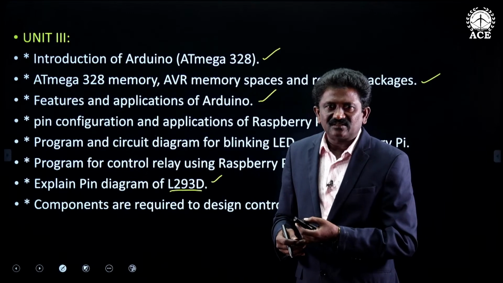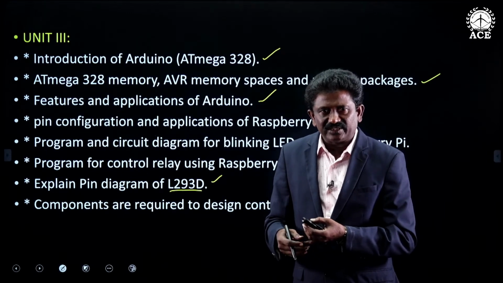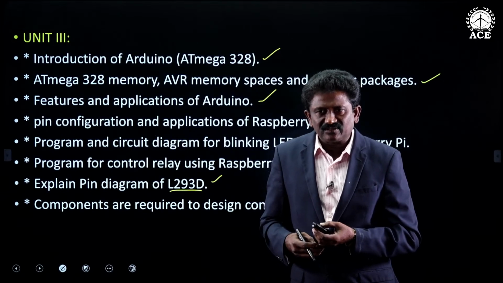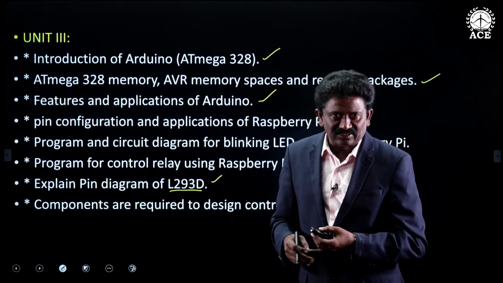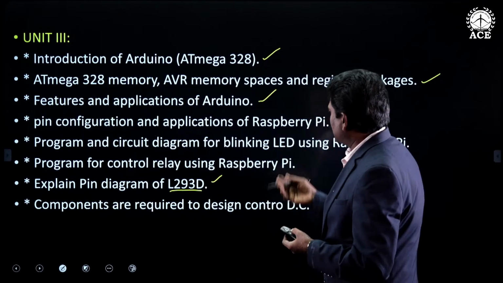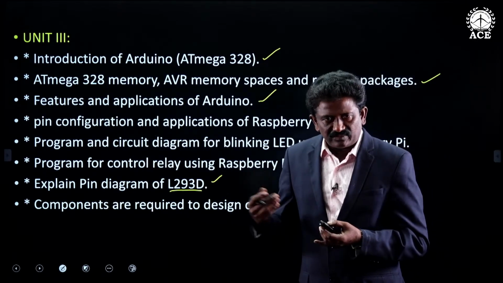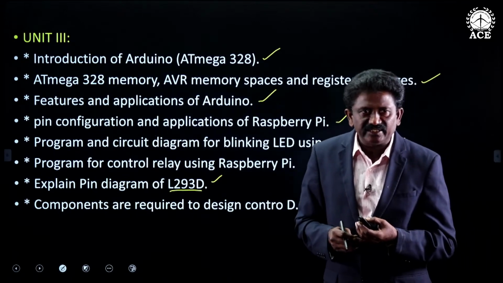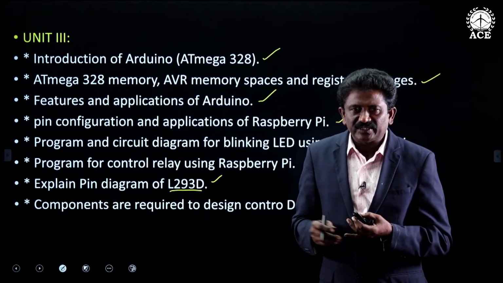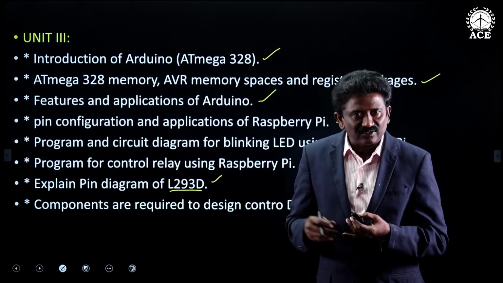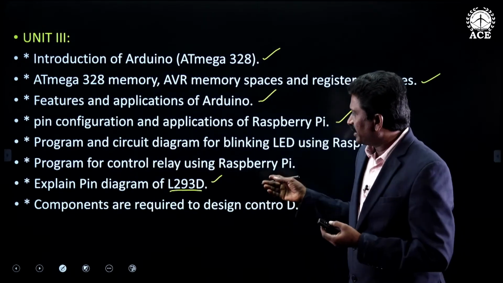That is the reason we are passing communication over short distances also. That's all. Okay, next with the help of Raspberry Pi, we are able to blink an LED. In the same way we are able to operate a relay, like that also.